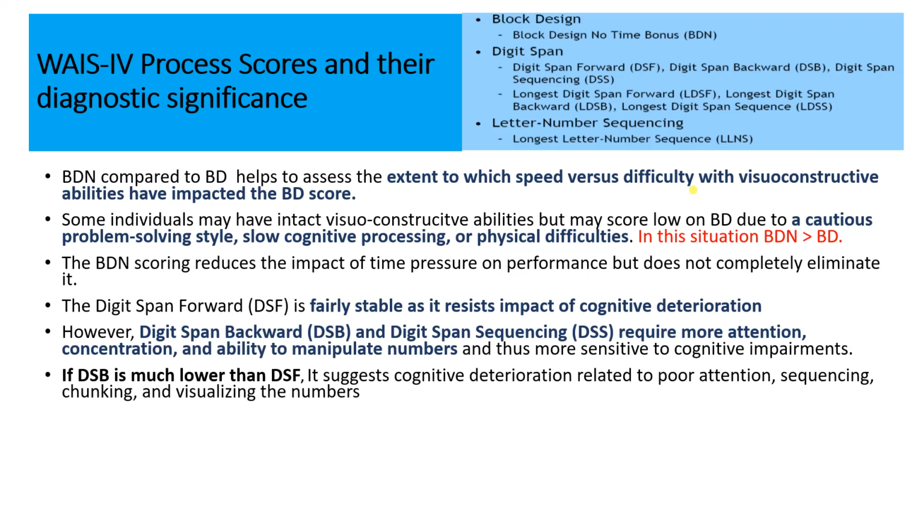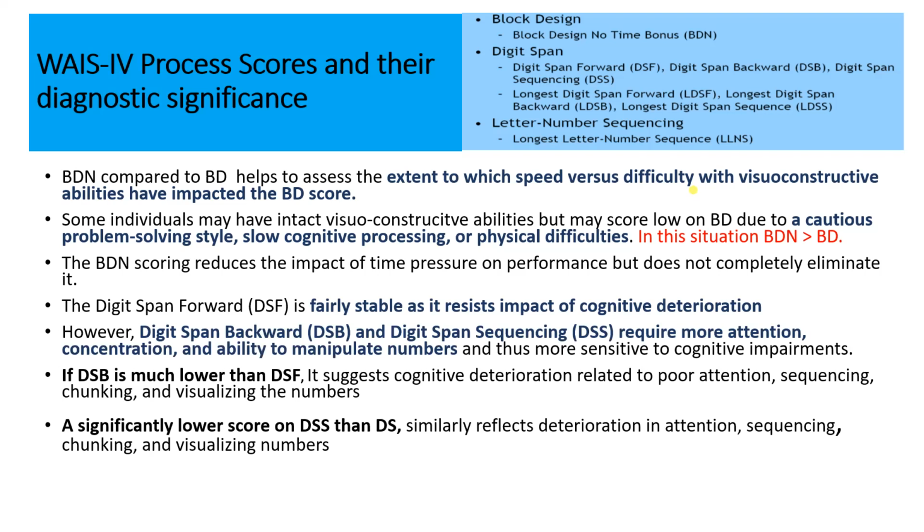For instance, if digit span backward is much lower than digit span forward, it may be indicative of cognitive deterioration related to poor attention, sequencing, chunking, and visualizing the numbers.